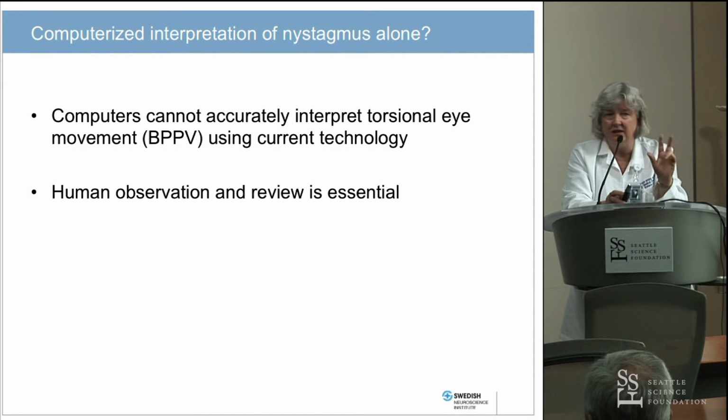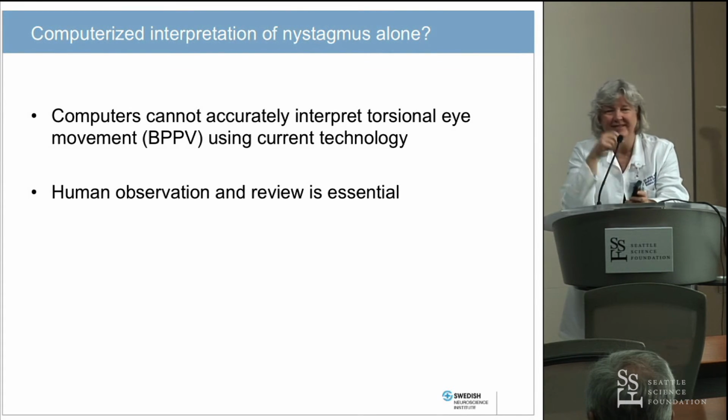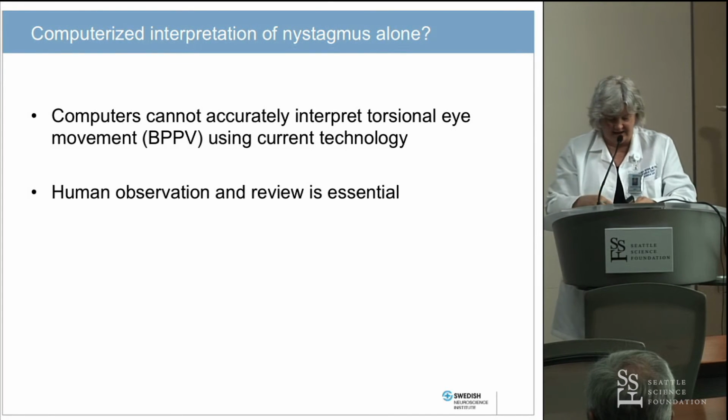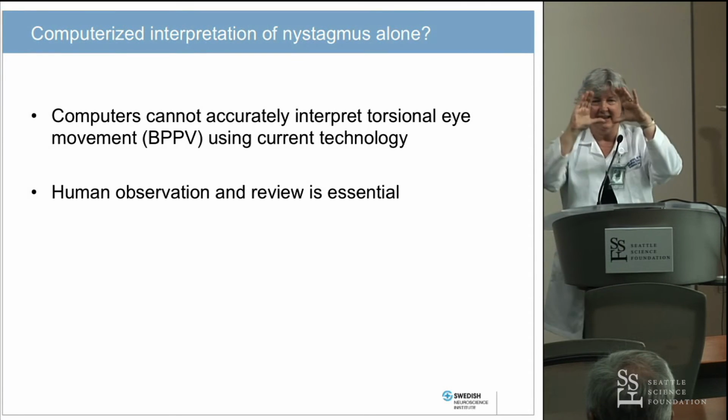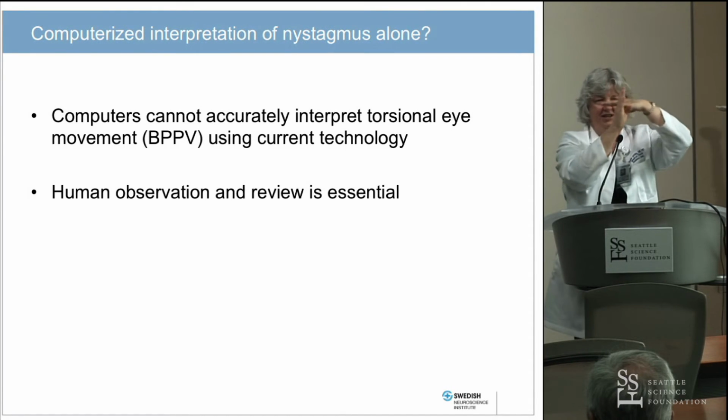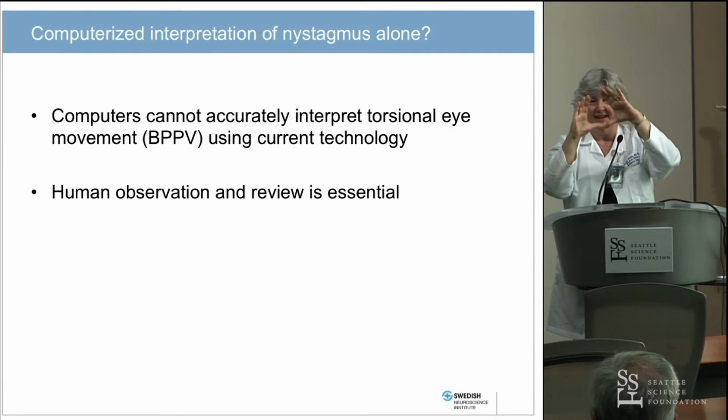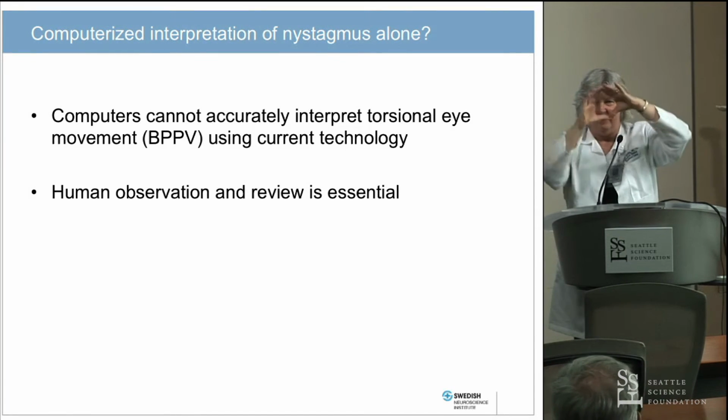The other thing is that the computerized systems don't analyze torsion unless you've spent $40,000 on a camera that can look at the retina. So I tell my technicians, the little jumps on the recording are not going to be accurate. If you take a round ball and rotate it, the computer can't see that. It's looking for XY axis changes, and it's not going to see the round ball rotating.